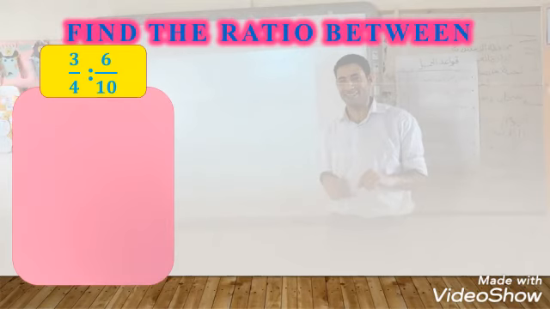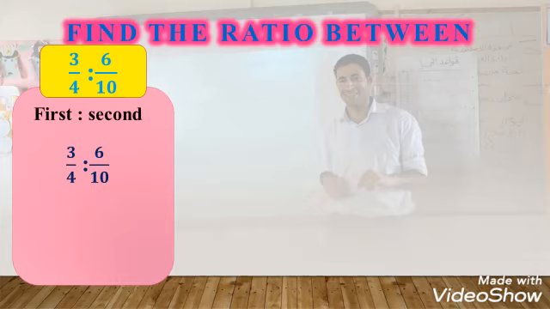In this case, we want to find the ratio between two fractions, 3 over 4 to 6 over 10. We can find the ratio between fractions by two methods, and we can use whichever we prefer. So 3 over 4 to 6 over 10, first to second.